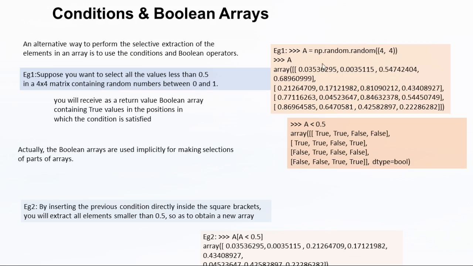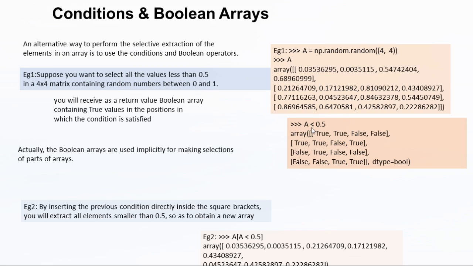We have constructed an array called A. Now suppose I want to extract values. We have used the random function here. The random function is going to construct a 4x4 array with random values, so every time the content of this array would be changing.